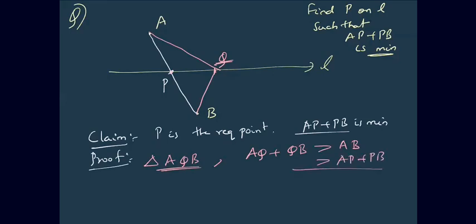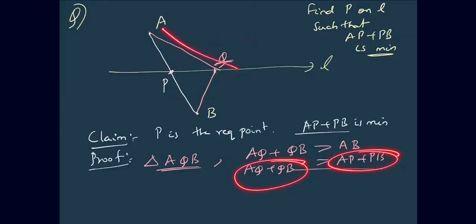So what I have proved is, for any point Q not equal to P on the line L, AQ plus QB is greater than AP plus PB. So P is the required point, because AP plus PB is the minimum possible, always less than the sum of the distances from any other point.